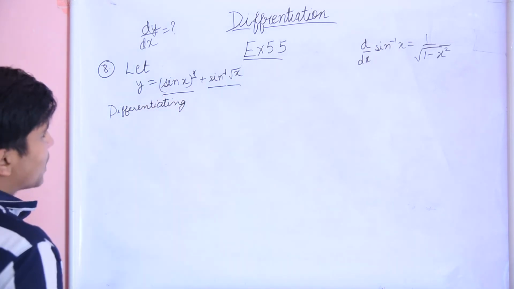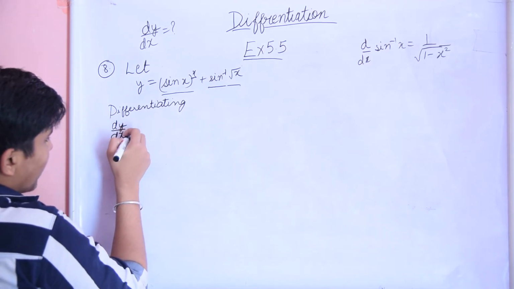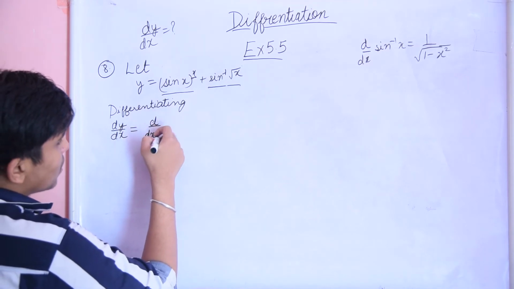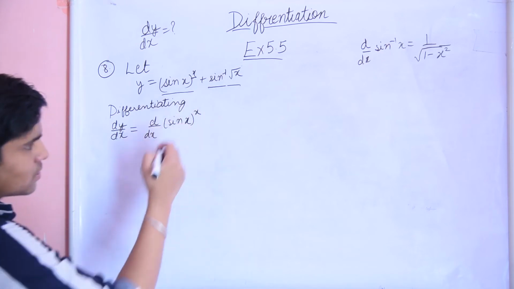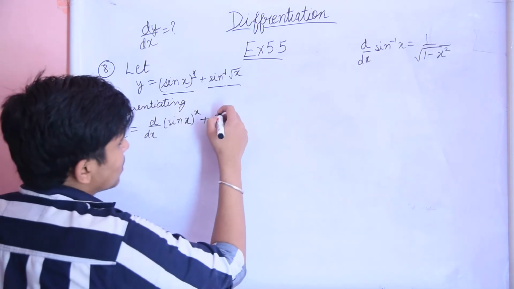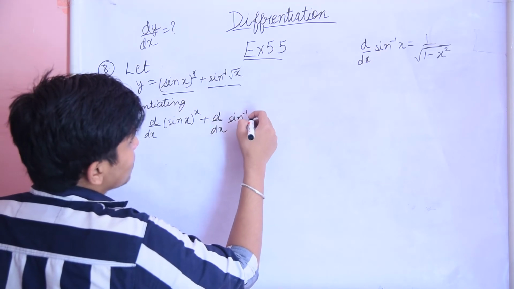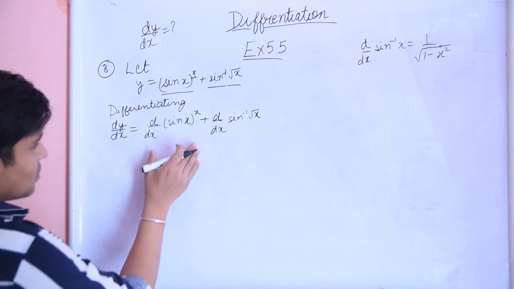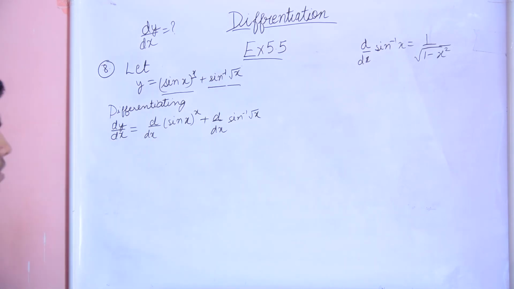both sides with respect to x, in the LHS we will have dy by dx equals d by dx of sin x whole raised to x plus d by dx of sin inverse root x. Okay, so we will calculate the differentiation of the first term using the log function.